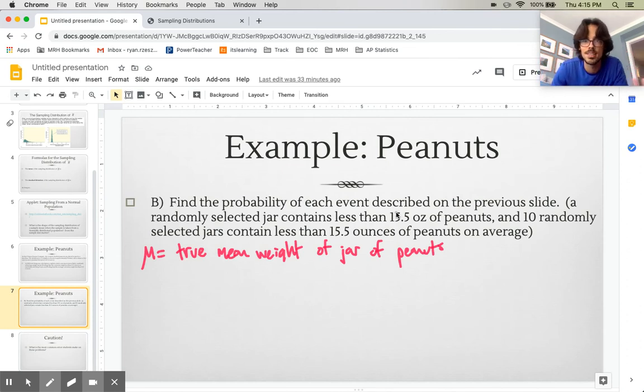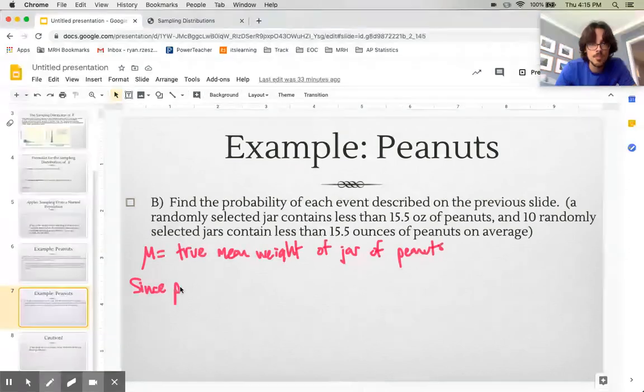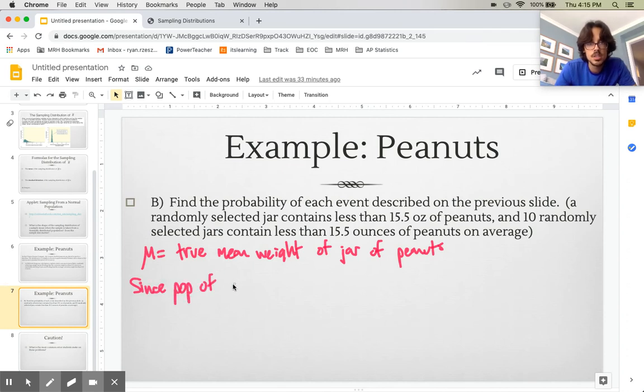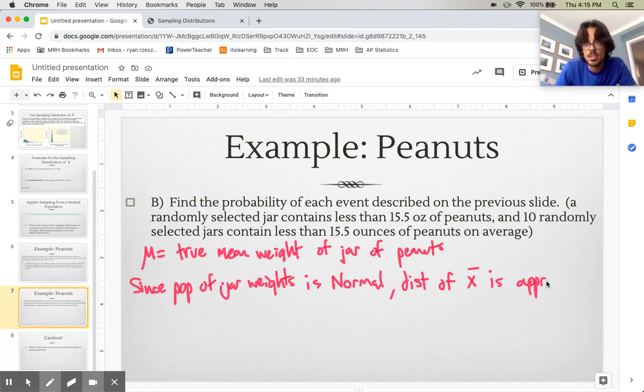But because it's in this lesson, it said the peanut jar population is approximately normal. So since the population of jar weights is normal, the sampling distribution of X bar is approximately normal.